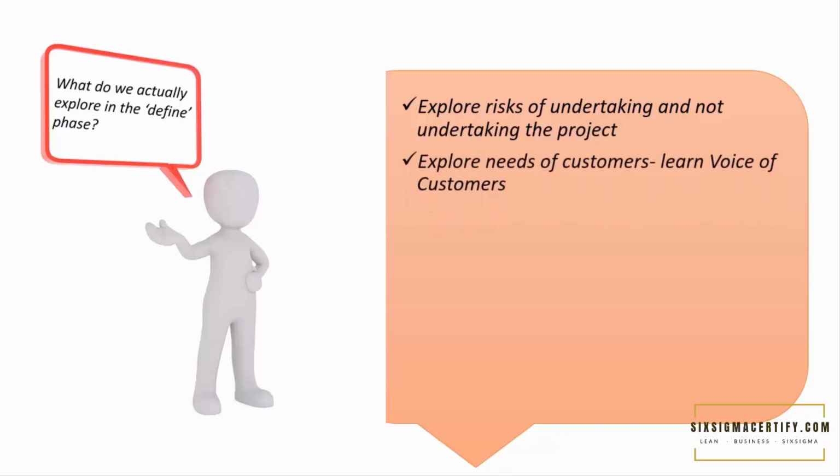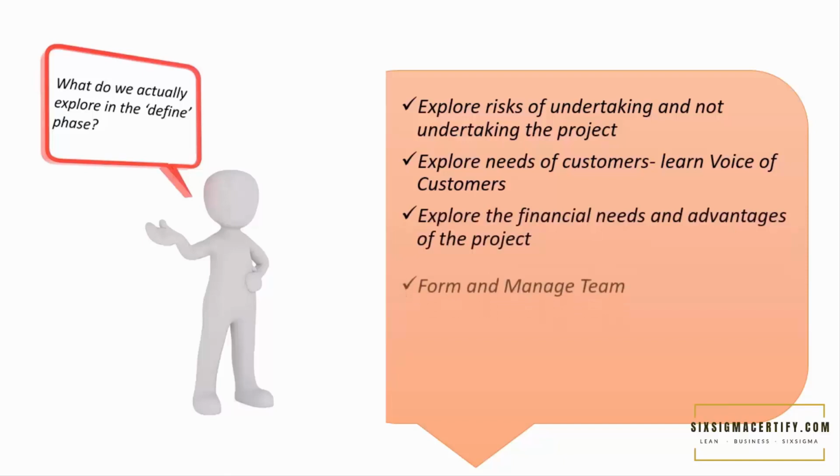We also explore the needs of the customers. We learn the voice of the customers. We also use various tools such as the Kano model in this phase. We also explore the financial needs and advantages of the project, and we learn to form and manage the team. This team will be working on the Six Sigma project.